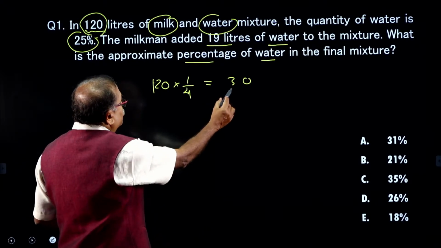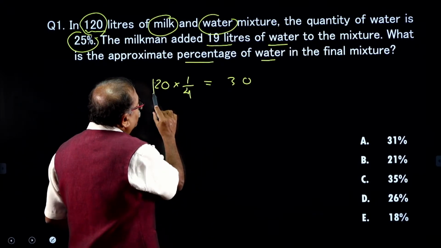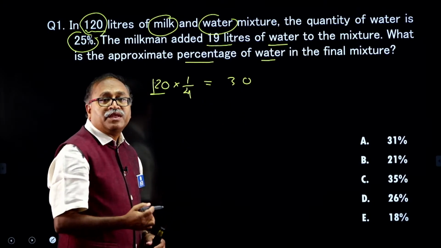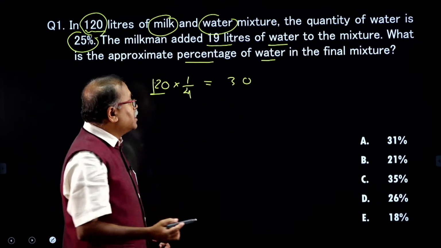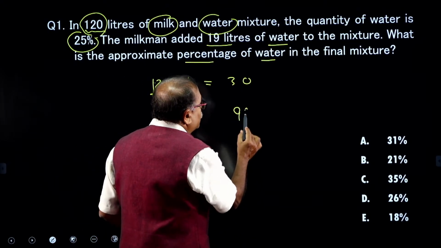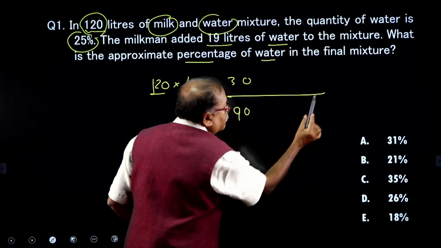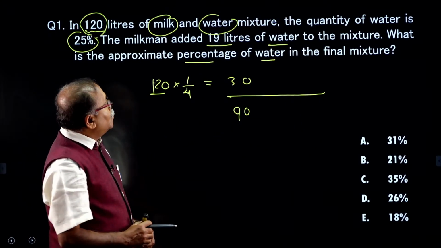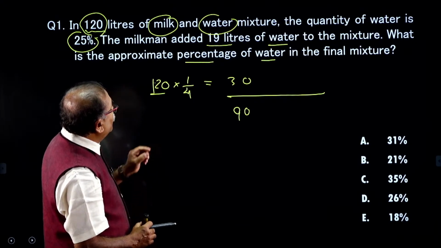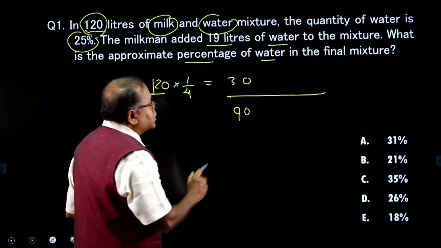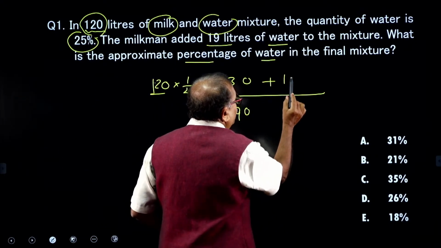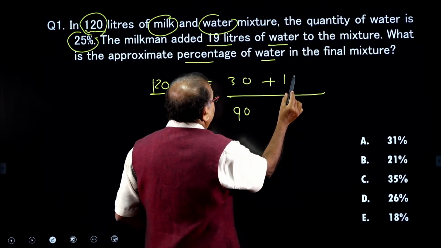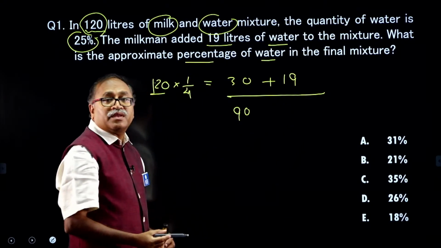So, you know that this is water, and then 120 minus 30, and that comes 90. This 90 is the milk. I am writing water by milk. Okay. After that 19 liter water is added over here. So, add 19 liter over here.